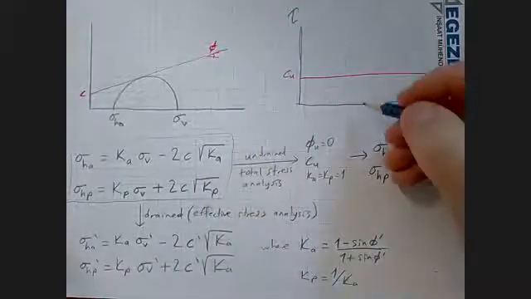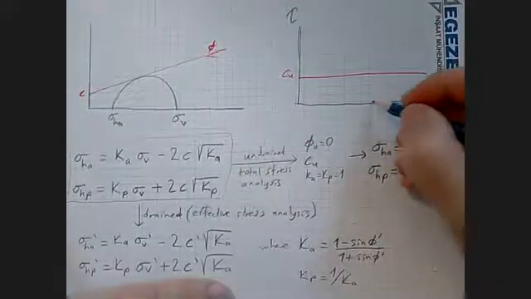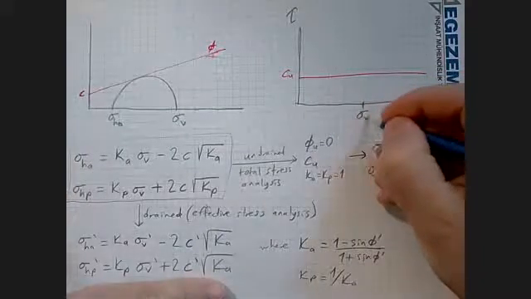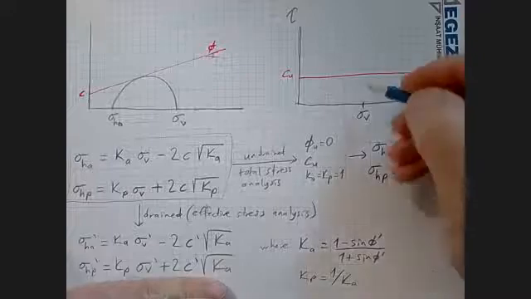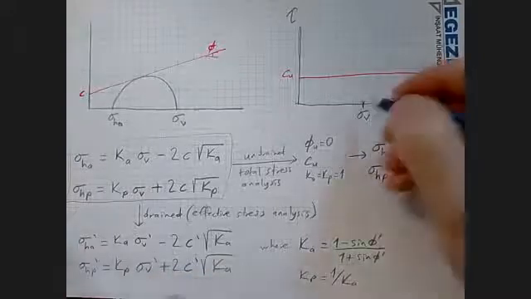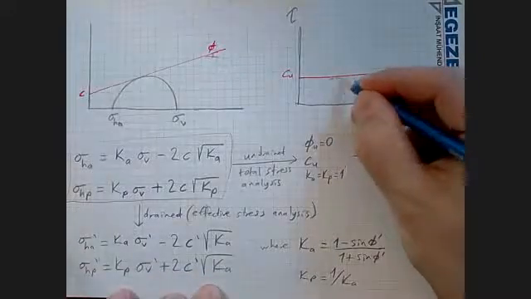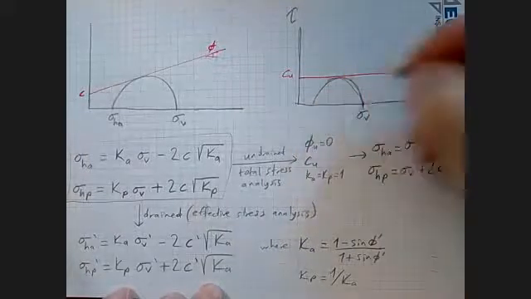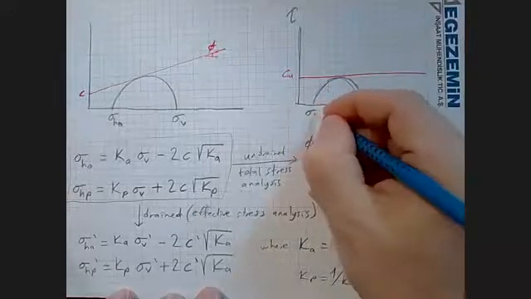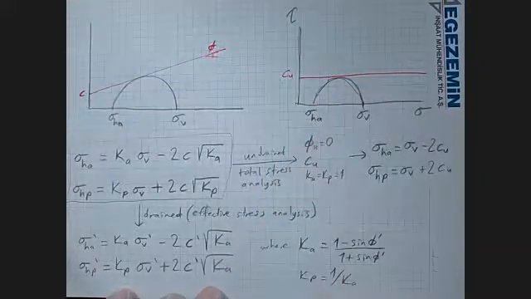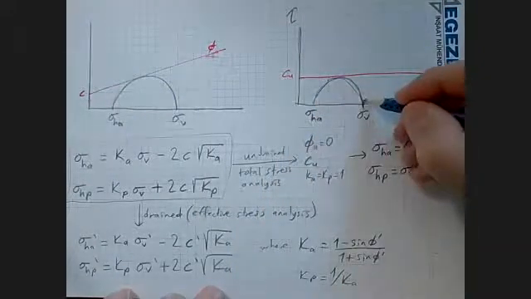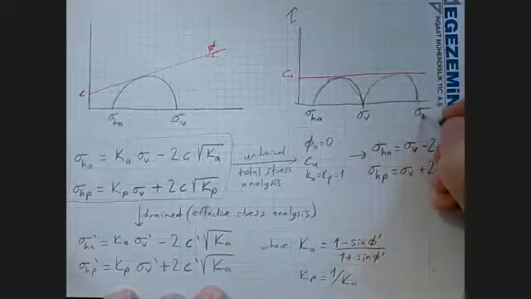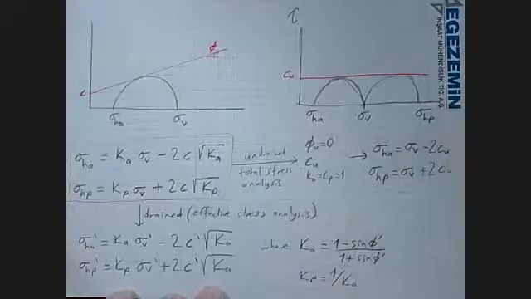and if I plot the same problem here, starting from, let's say, this sigma vertical, this will be your active circle, and this will be your passive circle.